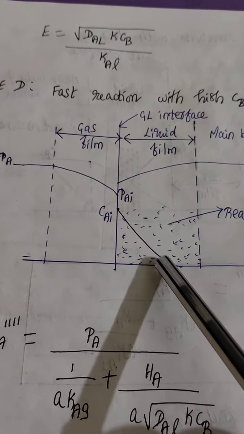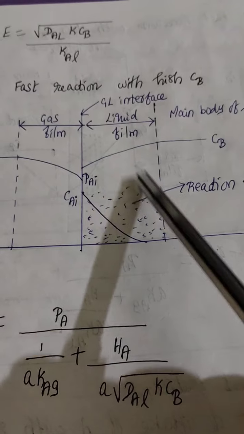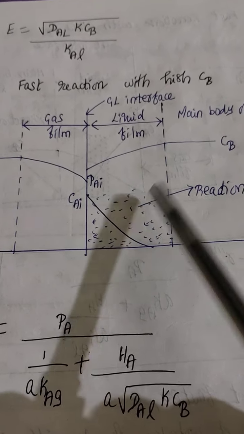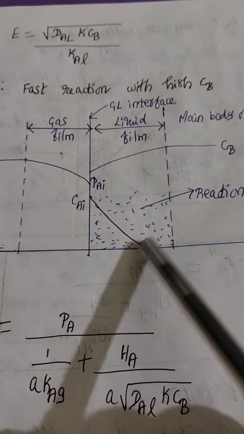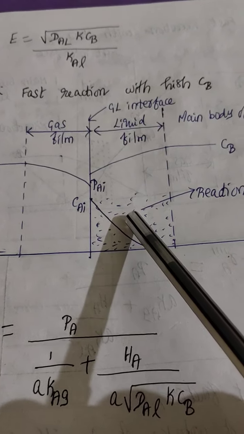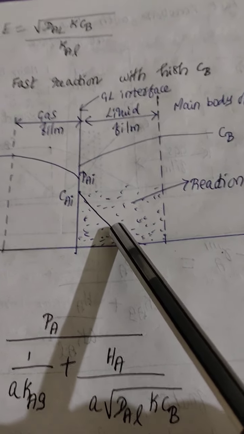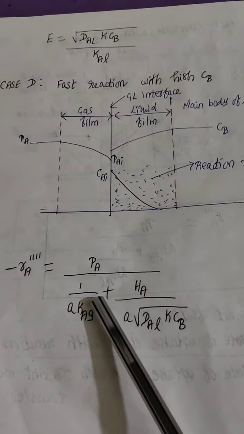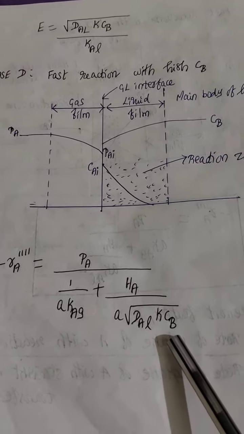Since the reaction is faster, the reaction zone will spread within the liquid film itself and it will never cross to the main body of the liquid. So the reaction will take place in the liquid film within the reaction zone. And this is going to be the rate equation for fast reaction with high Cb.